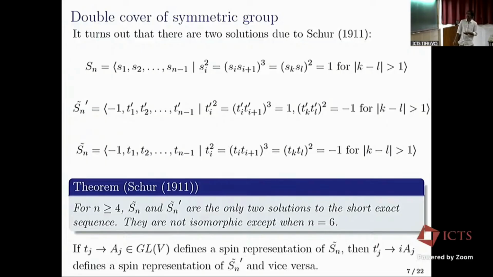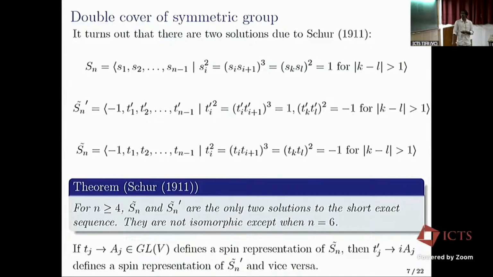In particular, you call a representation of this double cover Sn tilde a spin representation if -1 acts as minus identity on that representation. Now if we have a spin representation V of Sn tilde, which takes t_j to A_j, a matrix, then we can take t_j', the generators of our first double cover, to i times A_j, and it's quite easy to verify the defining relations.